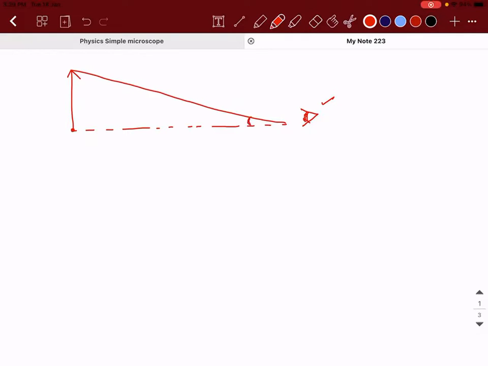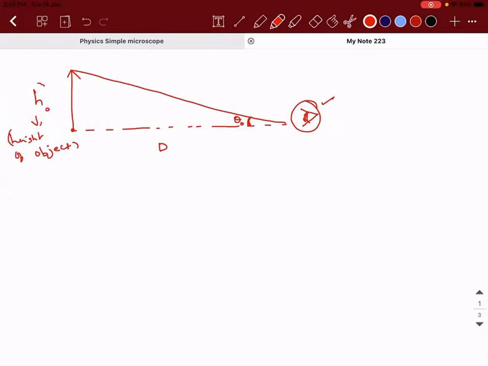And let's say this is the visual angle theta naught, that is subtended by the object at the naked eye. Then how much is this distance going to be? It is d. Then how much is this? This is the height of the object, h.